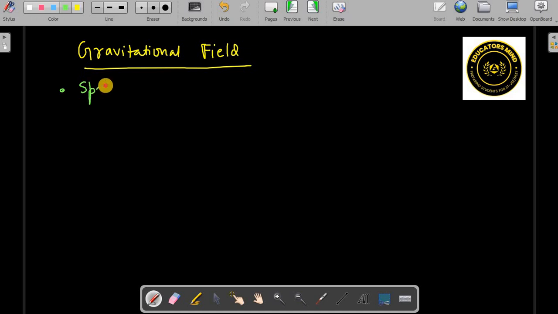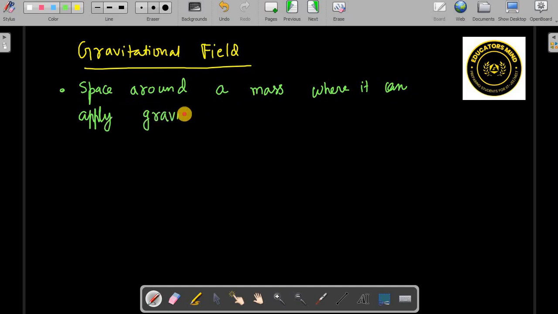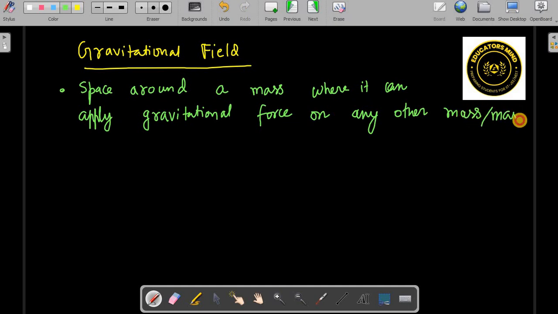Gravitational field is the space around a mass where it can apply gravitational force on any other mass, or masses, kept at that location.